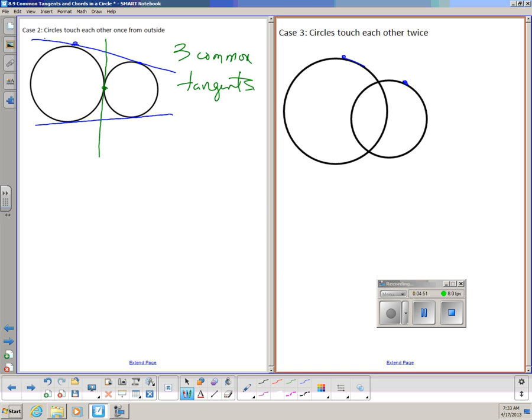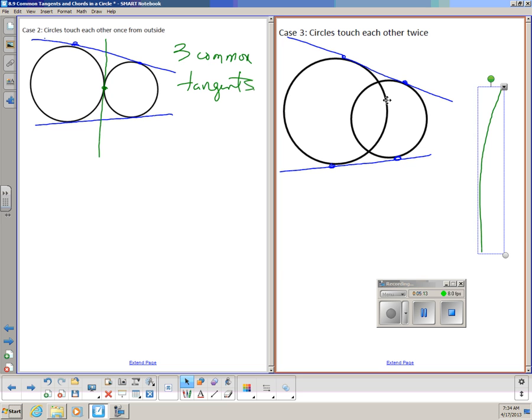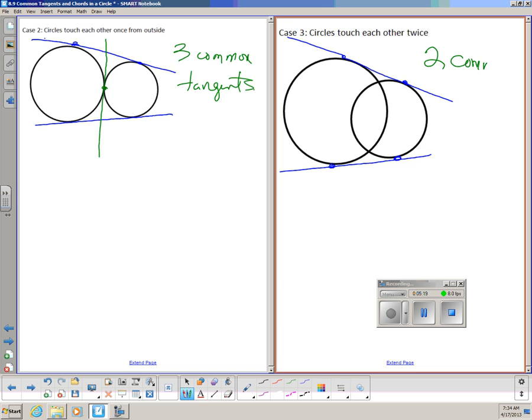Something like this. I'll try to connect these 2 points. There we go. And I'll try to connect, say, these 2 points. You can draw that. And guess what? That's it. Because if I try to draw the line down the middle again, that's a secant line to both of those circles. It's stabbing both of those circles. It's not kissing or touching once. So that's got to go. That's not a common tangent line. So in this situation, there are only two common tangents.